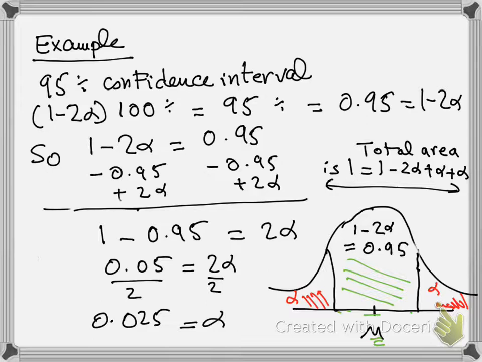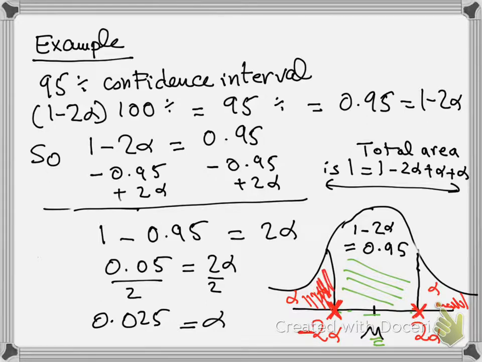Now the Z alpha, this critical value, corresponds to the Z score here. So this value here is your minus Z alpha, and here the positive Z alpha. Okay, so what I'm saying, guys, is that the area to the left of minus Z alpha is equal to alpha.